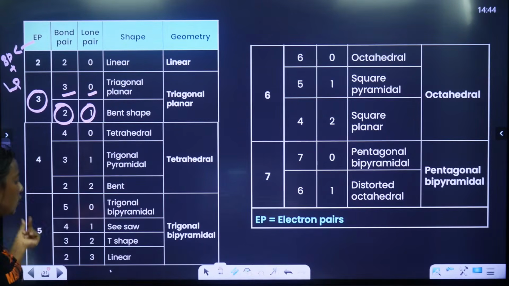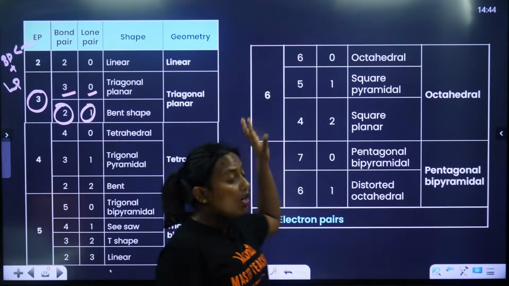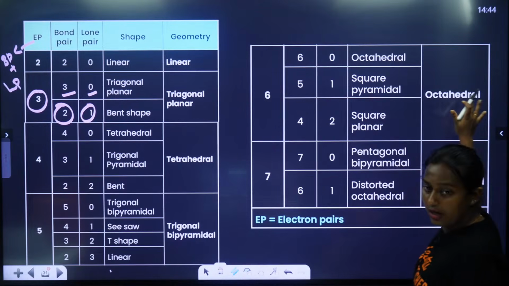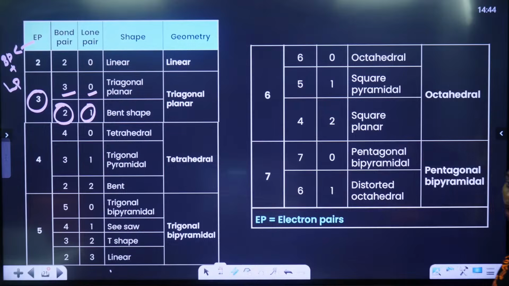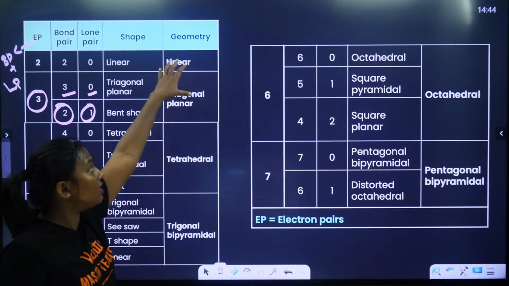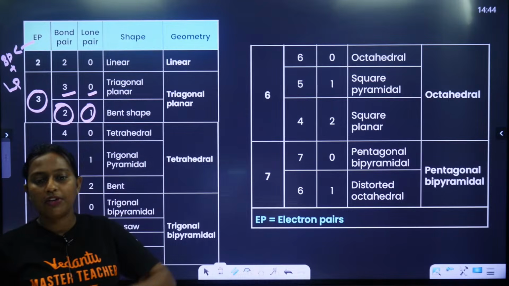Electron pair 5 is always trigonal bipyramidal, electron pair 6 is always octahedral, and electron pair 7 is always pentagonal bipyramidal. For the same EP, the geometry is the same.